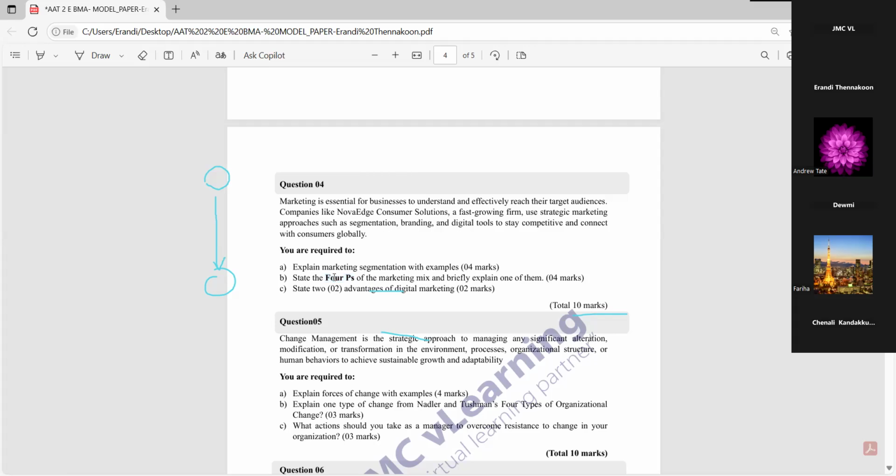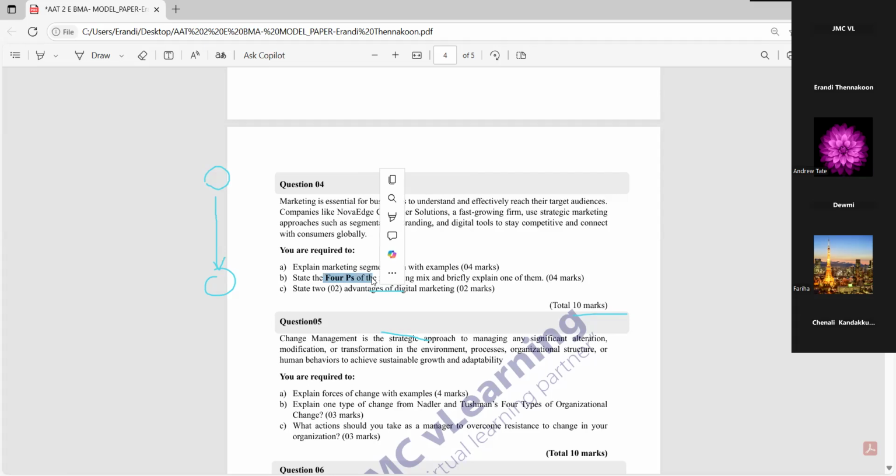I'll cover it when we get to the marketing chapter. When it comes to marketing, there are 4 P's and 7 P's. When we are asked to mention the 4 P's, do we write any P from the 7 P's?